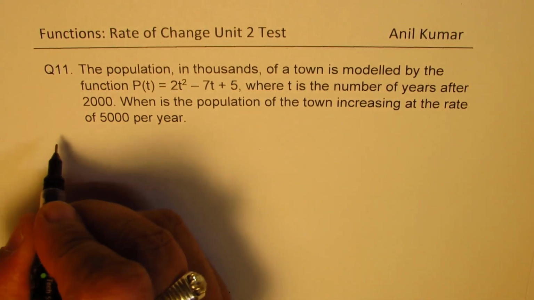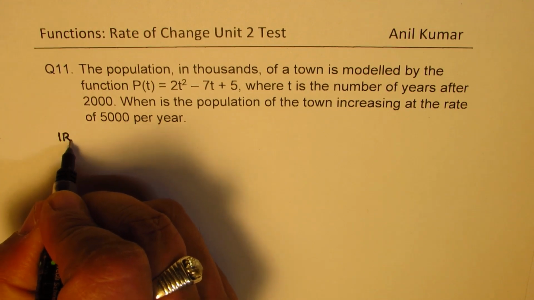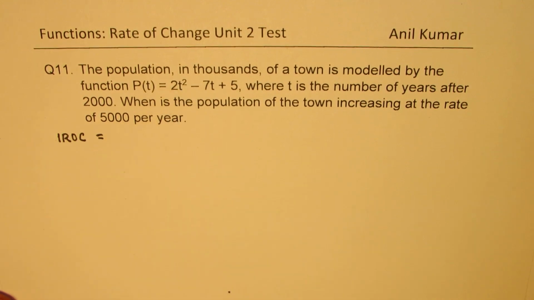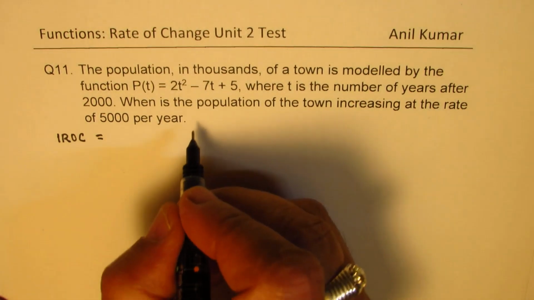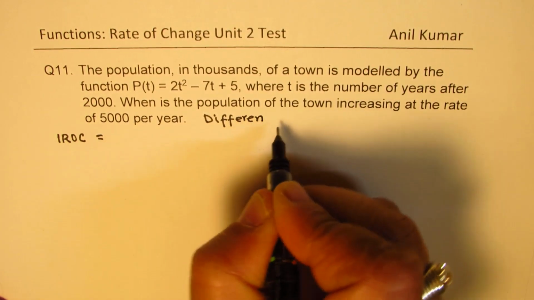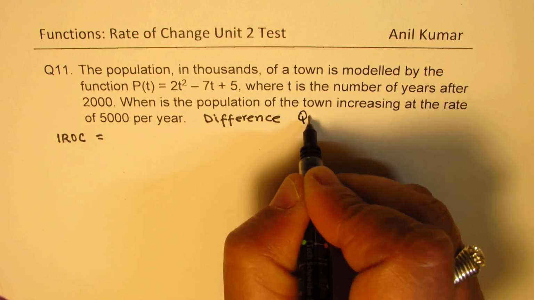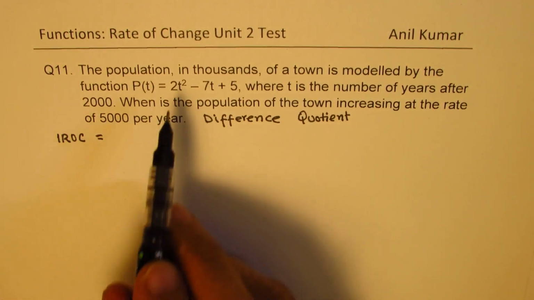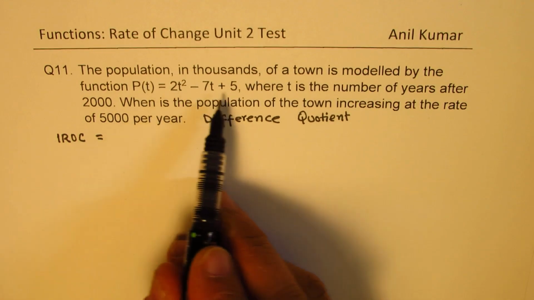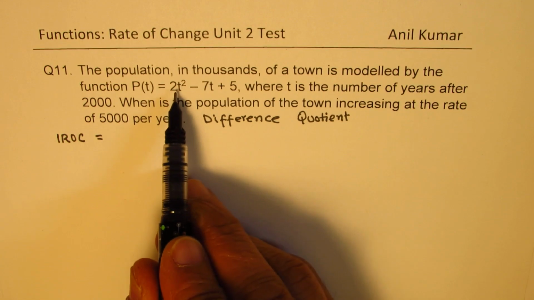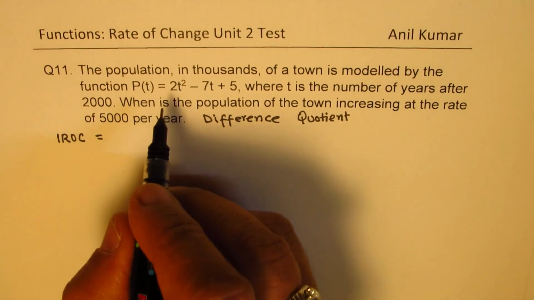In this particular case, we are given the instantaneous rate of change, and we need to find the time when this happens. So we should use the method of difference quotient. Instantaneous rate of change is when we are talking about time which is slightly more than t, so we'll have that difference.